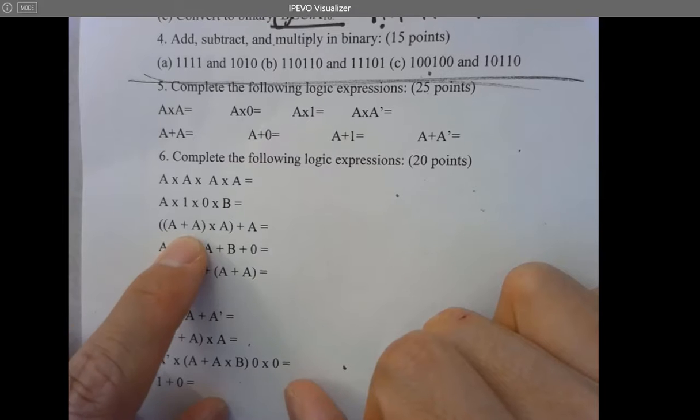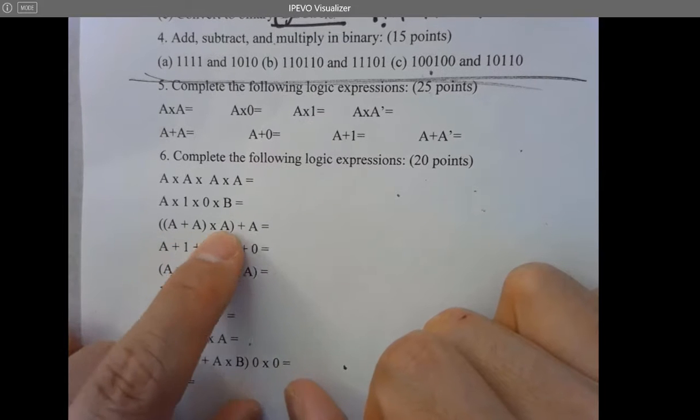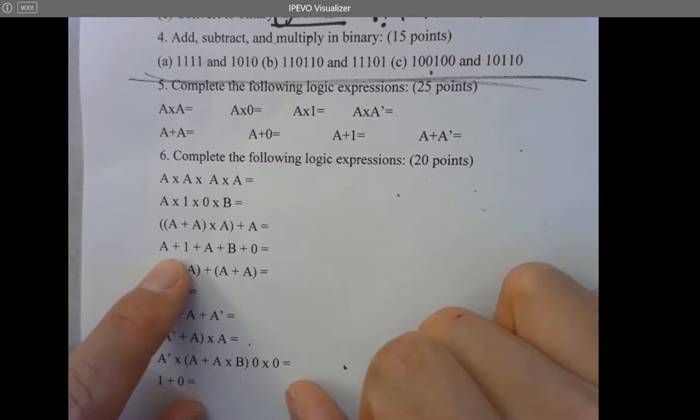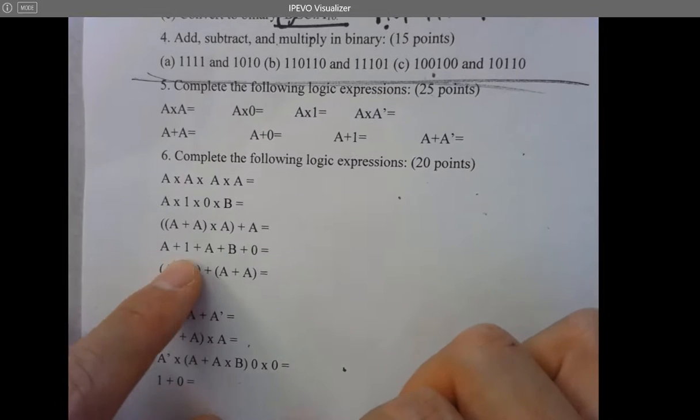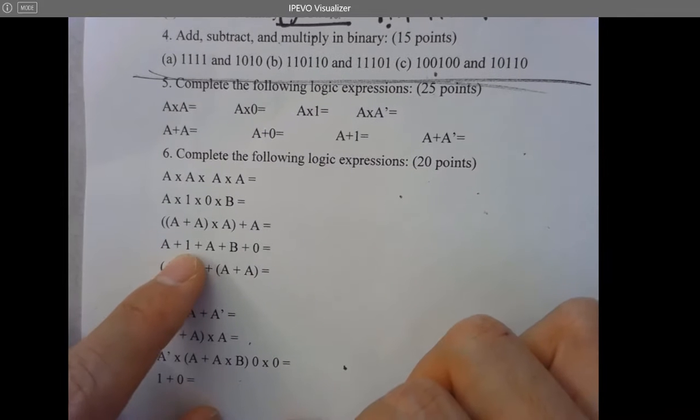A or A is A. A and A is A. A or A is still A. A or 1 is 1. If you have a 1 in the OR operation, it's going to be 1 because you have a choice and you have a good player here. It's OR logic, it doesn't matter about other things.